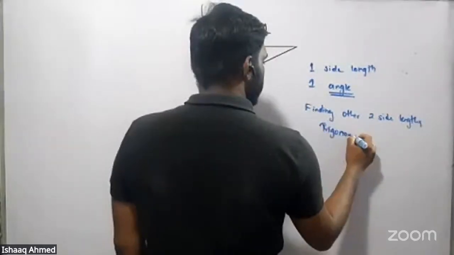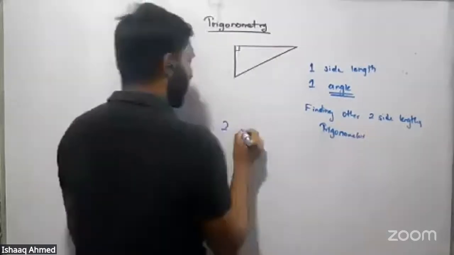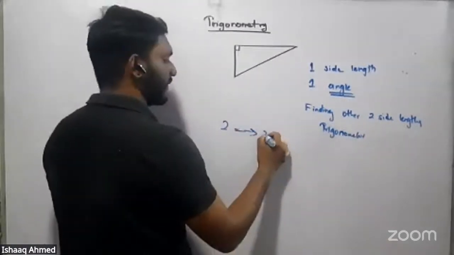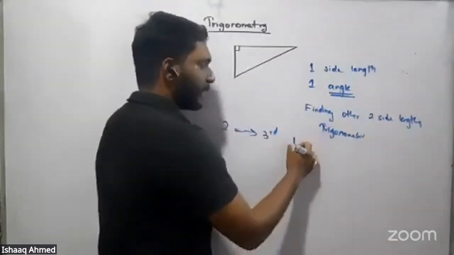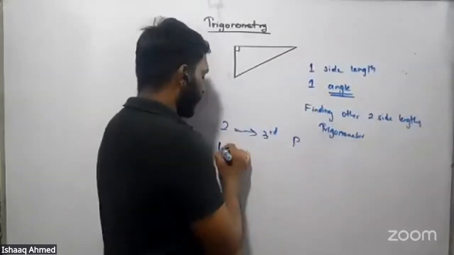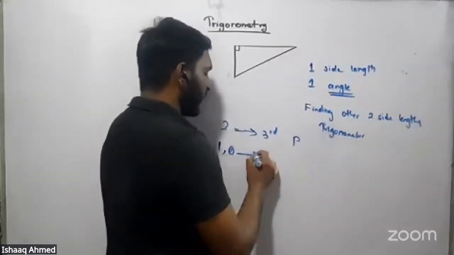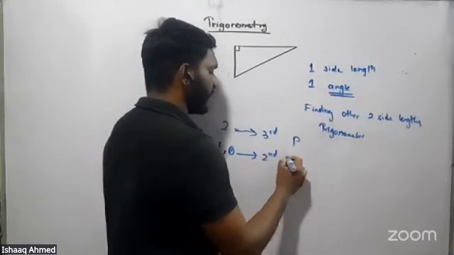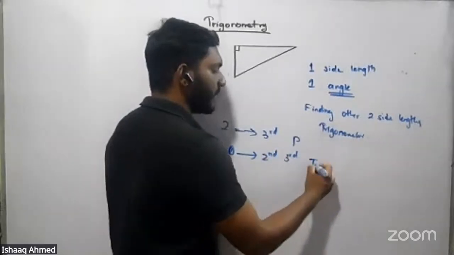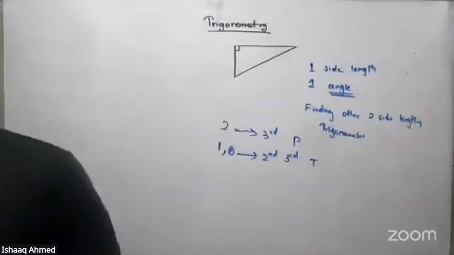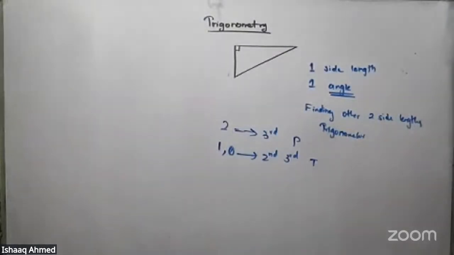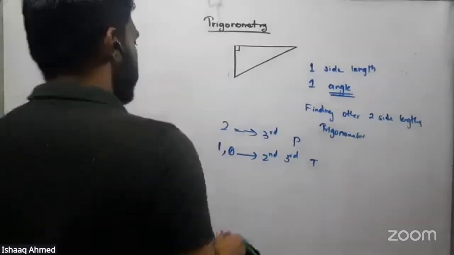That's all. So using two side lengths, if you find the third one, that is Pythagoras. Using one side length and one angle, if you find the other two side lengths, that is trigonometry. Simple. That's all there is in trigonometry.